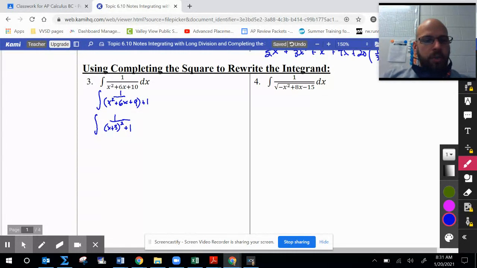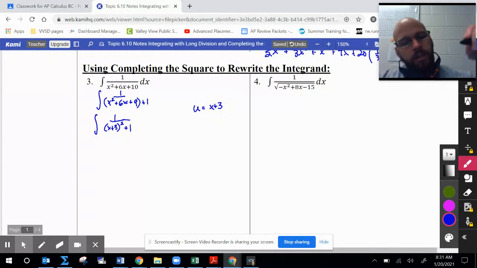Now what I'm going to do is I'm going to let u equal the x plus 3. So then du would be a 1 dx. And I get just du equals dx.